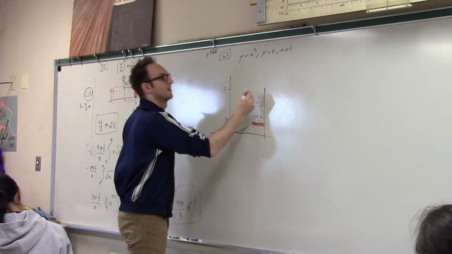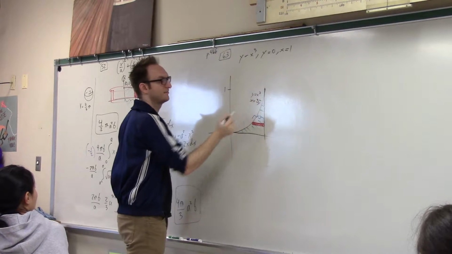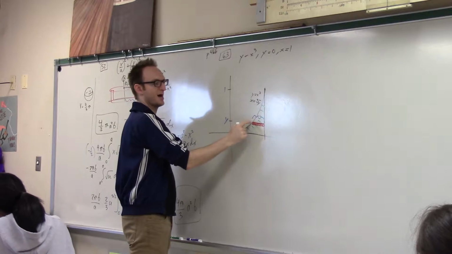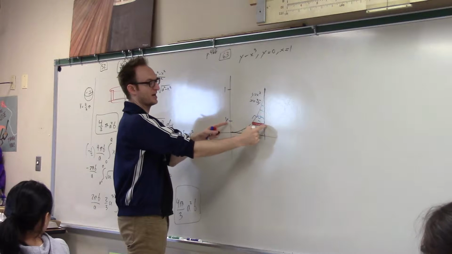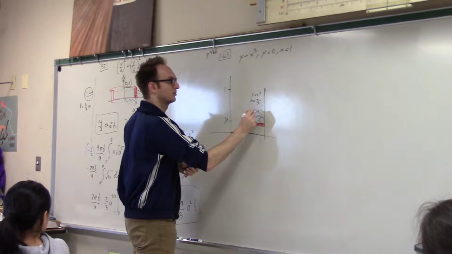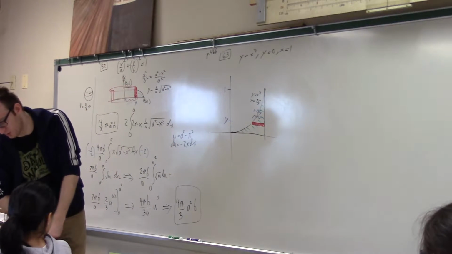Yeah, good. This is y equals x cubed, so this is also x equals cube root y. If you give me a y value, cube root y is the x coordinate. And so if that's cube root y and that's 1, then the length of this thing is 1 minus cube root y. Okay, and now the rest is you just do it, right?